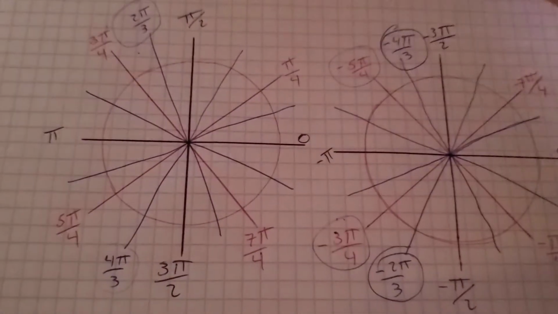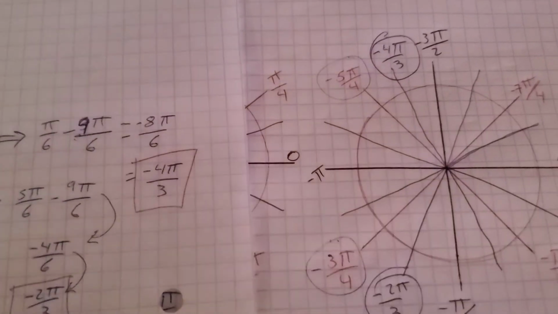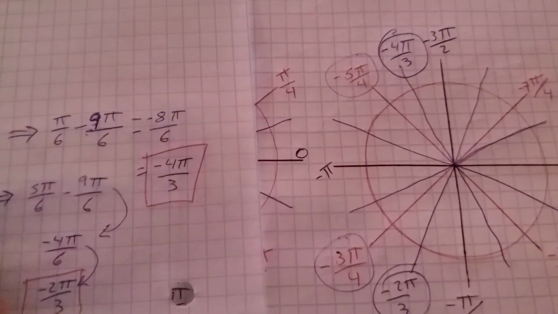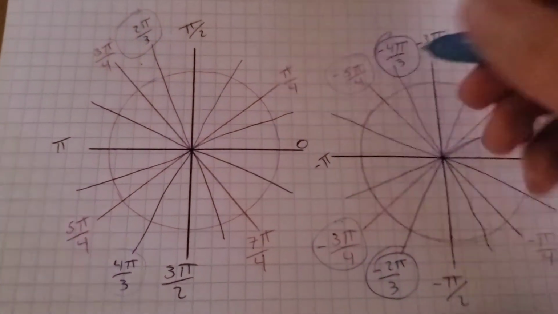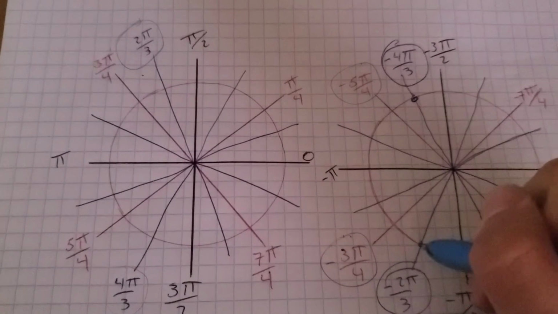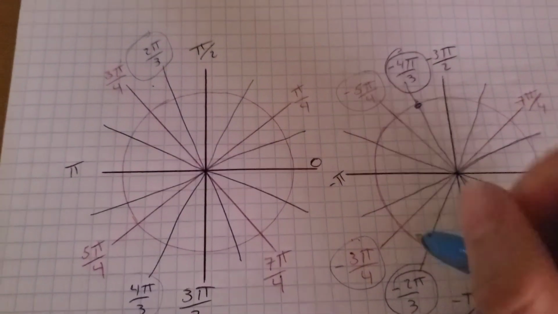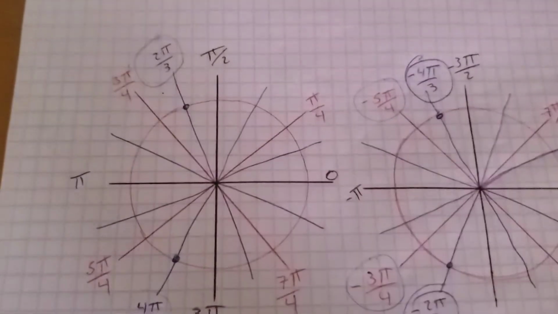These are the points where my solutions are located in the negative unit circle. We want those values from the positive unit circle. A value was up here and down here, which in the positive unit circle is also up here and down here.